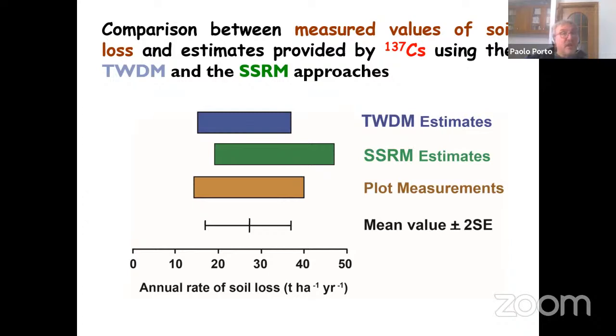And so nobody did that because nobody tried to resample the same site for cesium measurements and, in the meantime, have direct measurements of soil loss. And you can see that this experiment demonstrates very well that cesium-137 can be used not just in a traditional way, but also to obtain estimates of soil loss for shorter time windows.